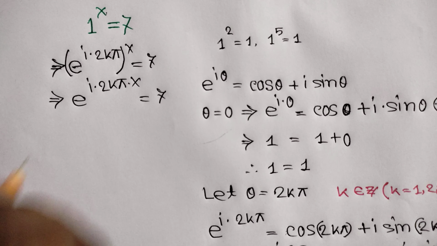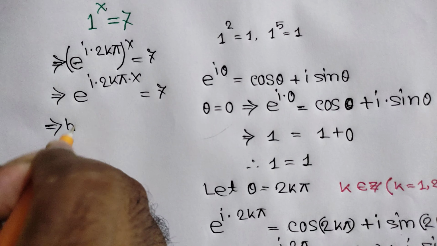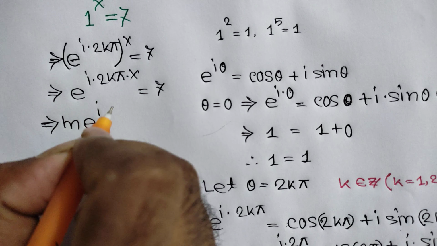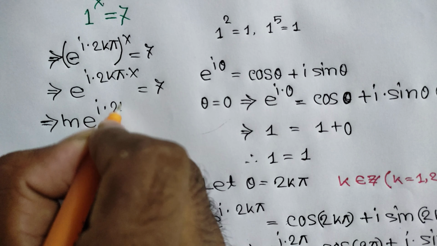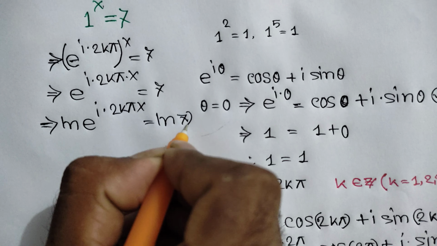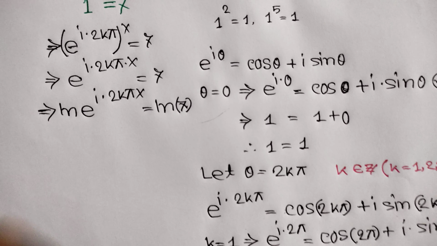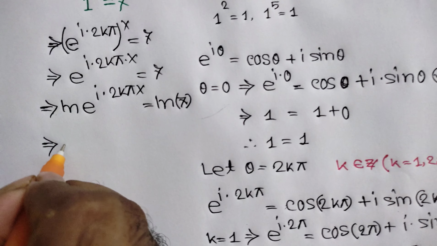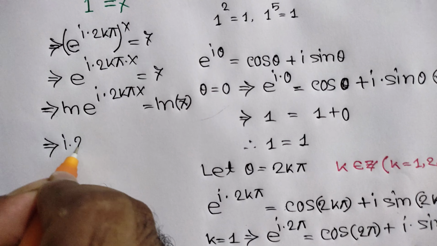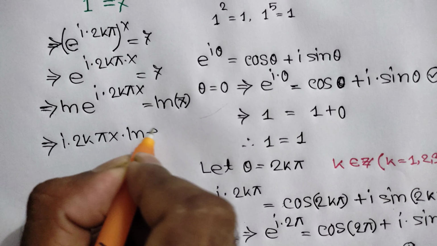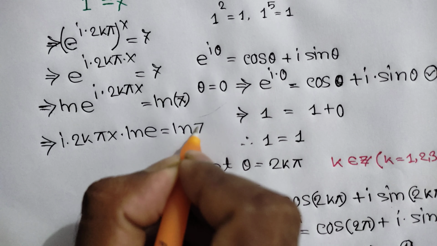Now taking ln on both sides, we can write here ln of e to the power i times 2k pi x is equal to ln of 7, or moving this exponent here, we will get i times 2k pi x times ln of e is equal to ln of 7.